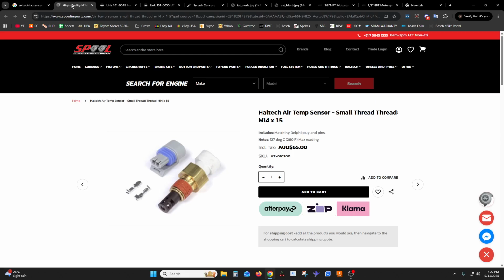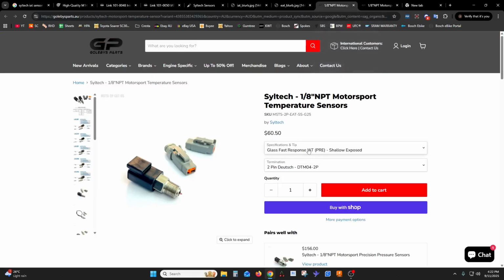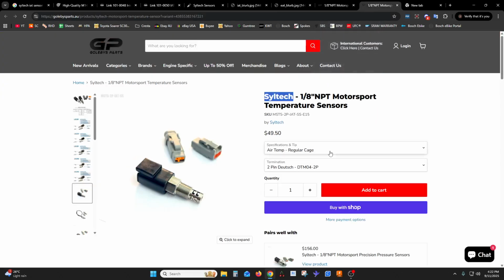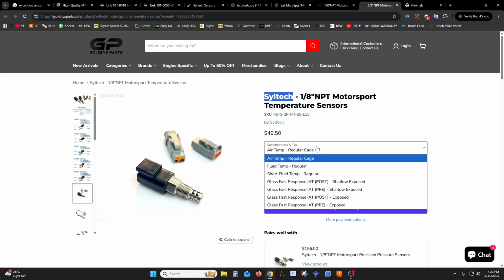What I was going to do was use the leftover one of these from the blue car. But then I got talking to my mate Chris, who knows a lot more than I do, and he said, no, what you want is a specific Pre Intercooler sensor.